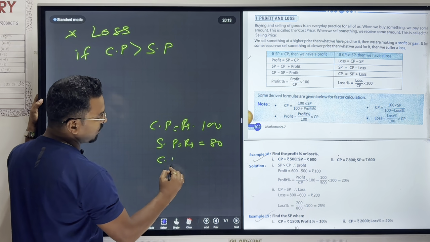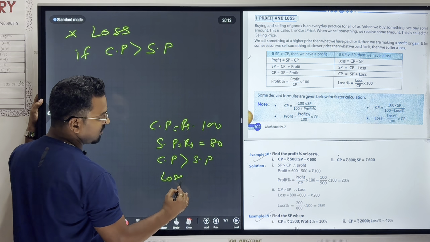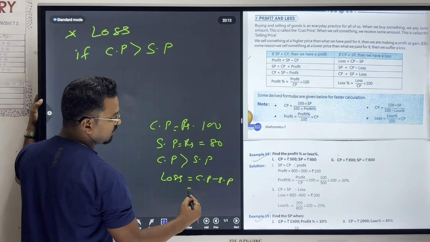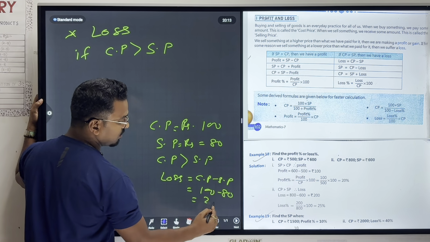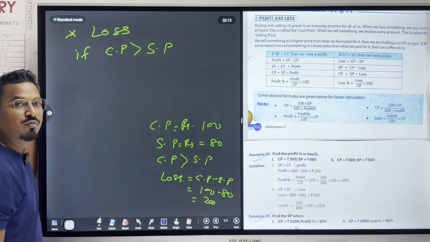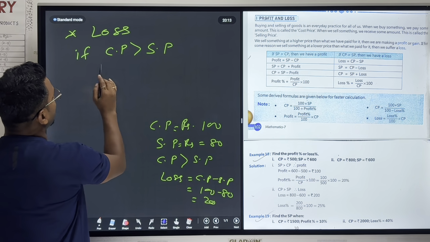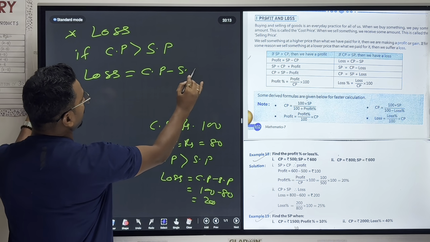The loss is equal to CP minus SP. SP means selling price. So 100 minus 80, that is 20. So if cost price is greater than the selling price, we have a loss. Loss is equal to CP minus SP.